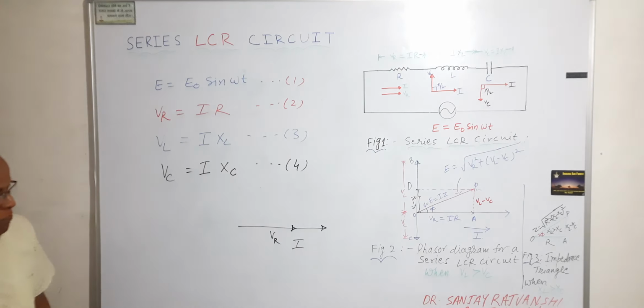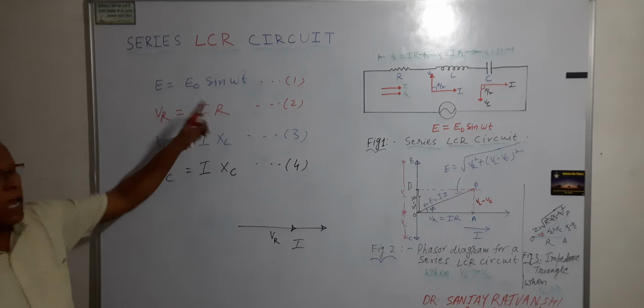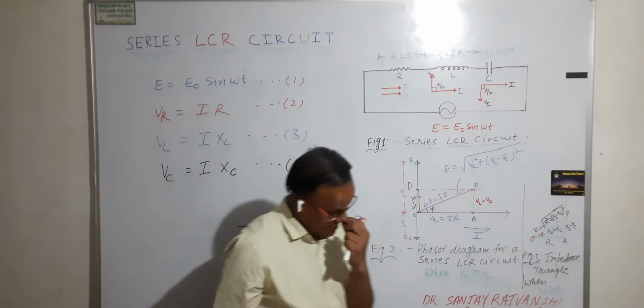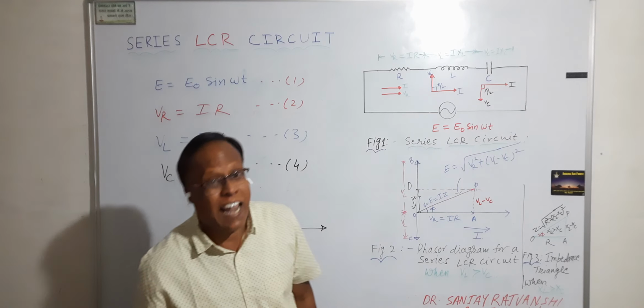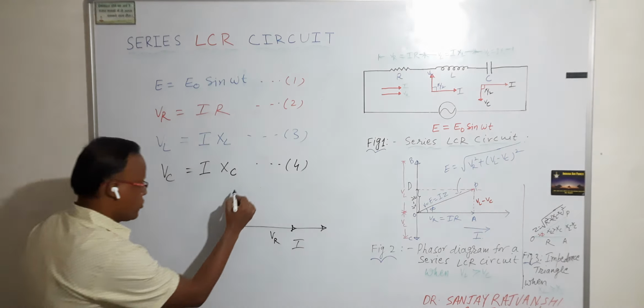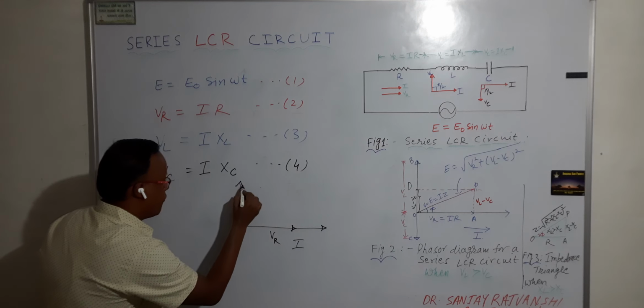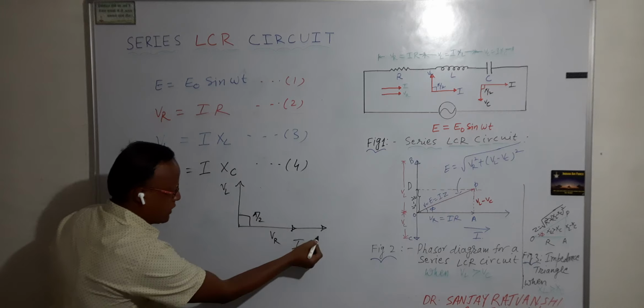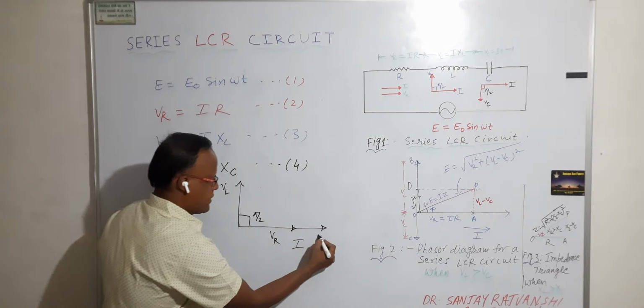This is VR, and its value is IR. In the case of an inductor, the current lags behind the voltage by phase pi by 2, so VL is at phase pi by 2 with I.